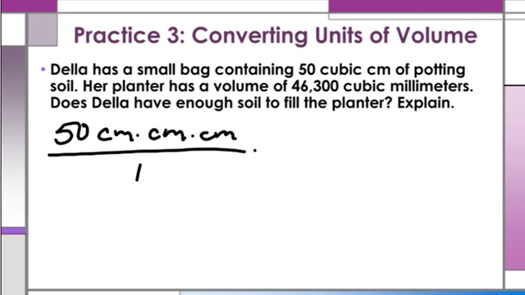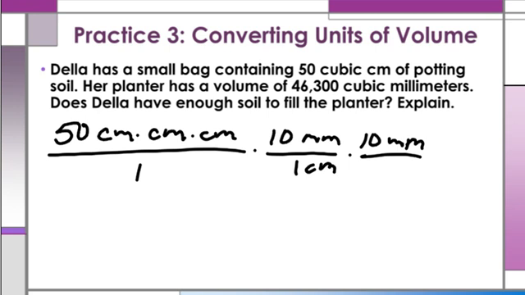So I need to get rid of my centimeters and have millimeters. So I have 10 millimeters over 1 centimeter. So that gets rid of 1 of my centimeters. I have to do this 2 more times. So 10 millimeters over 1 centimeter times 10 millimeters over 1 centimeter, because now my centimeters can cancel out.